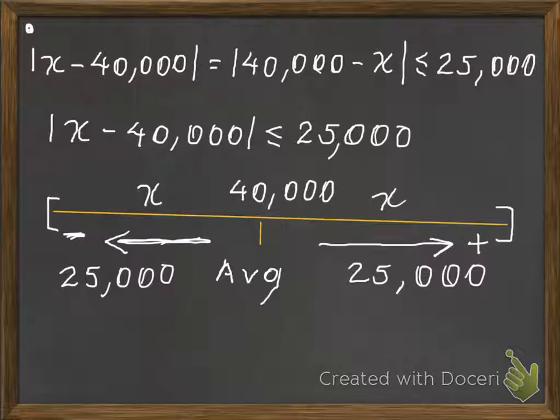Using the absolute value symbol, these two expressions are equal. Whether we write the difference between the actual salary and the average salary, or the average salary and the actual salary, doesn't matter because the size of that difference is the same. It's less than or equal to $25,000.